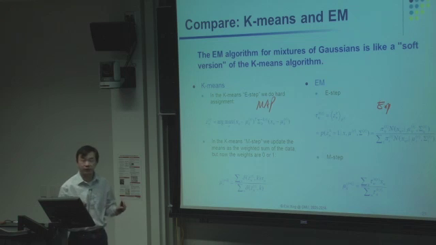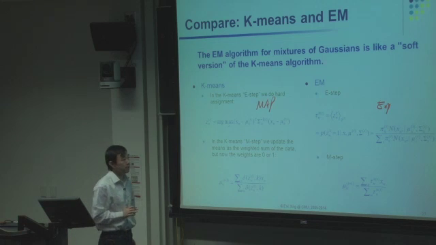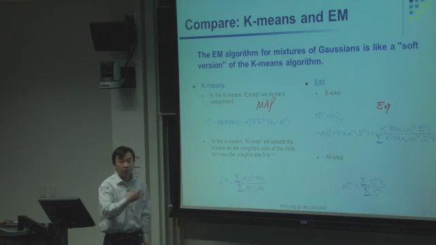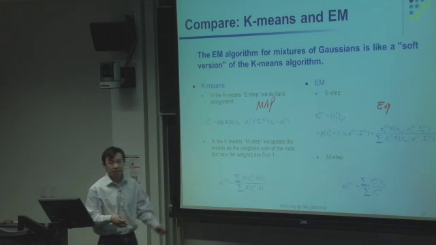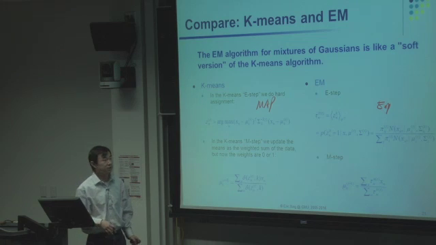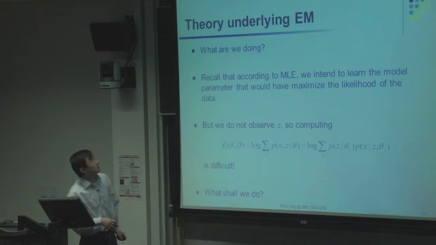That's the only difference. By nature, they are both iterative algorithms. Why is the EM algorithm in many cases more popular, at least among theoreticians? That's because there is a very nice story behind it.